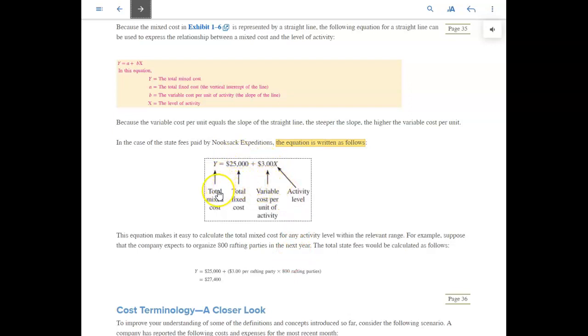The fee to pay the state is $25,000 plus $3 per unit of activity, a rafting party. Plug the numbers in: $25,000 fixed cost plus $3 times 800 totals to $27,400 at the level of 800 units of activity.